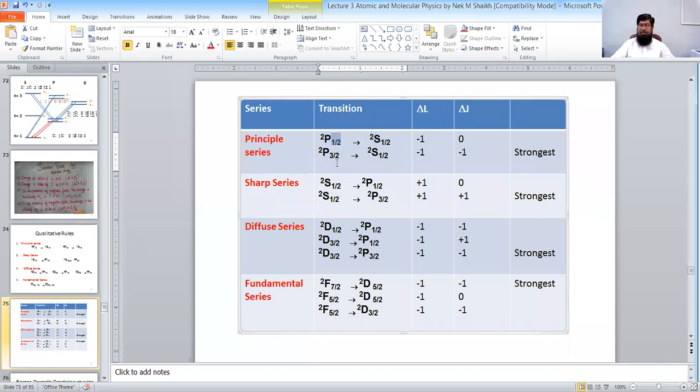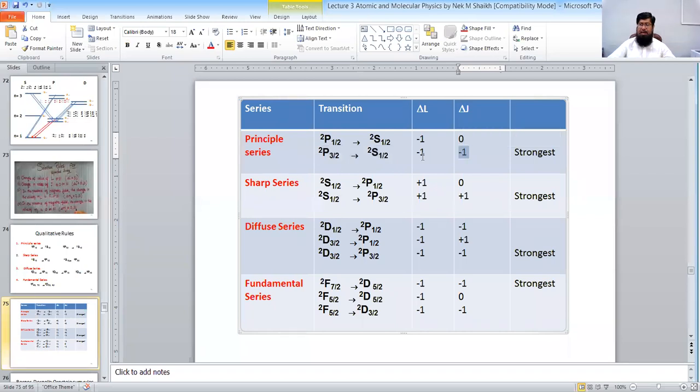The second level is 2p3/2 to 2s1/2. Now if we look here, S means 0, P means 1, 0 minus 1 means -1. So delta L is equal to -1 here. And delta J is equal to 1/2 minus 3/2, which is again -1. So in this particular level it is -1, -1.